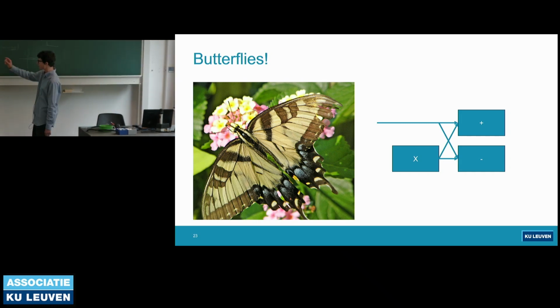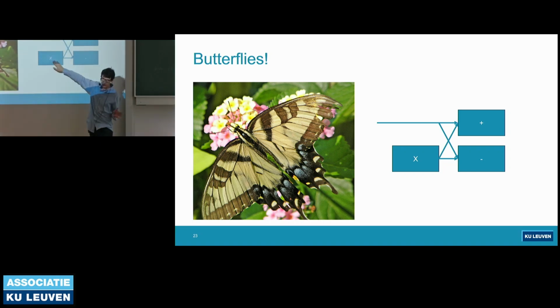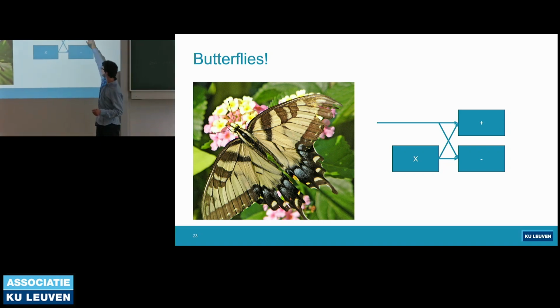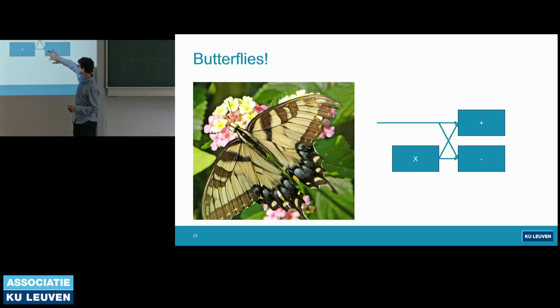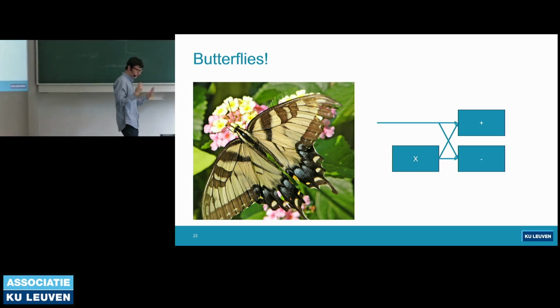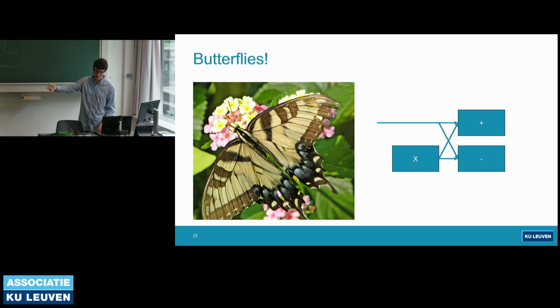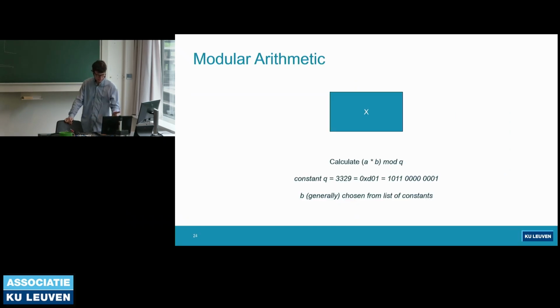A butterfly is this electronic circuit. A butterfly is a multiplication, modulo some number, and then an addition, modulo some number, and a subtraction, modulo some number. So it's really just these three operations. And if you look at these three, what is always the most expensive? It's the multiplication. So the real bottleneck of the butterflies, which are the bottleneck of the NTT, which are the bottleneck of the polynomial multiplication, is this modular multiplication.